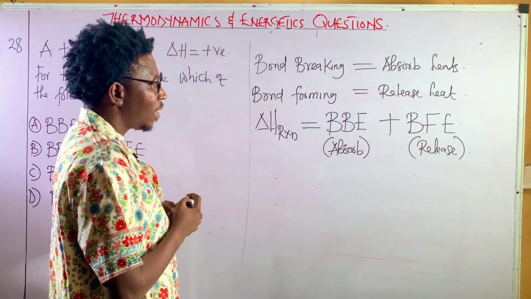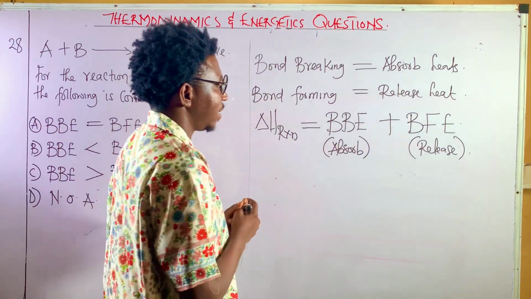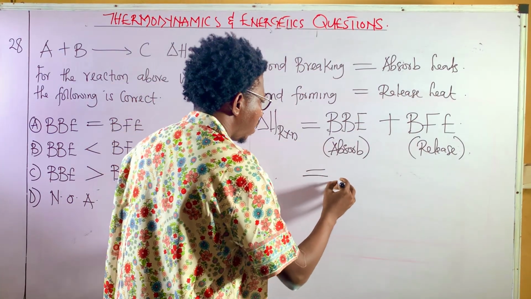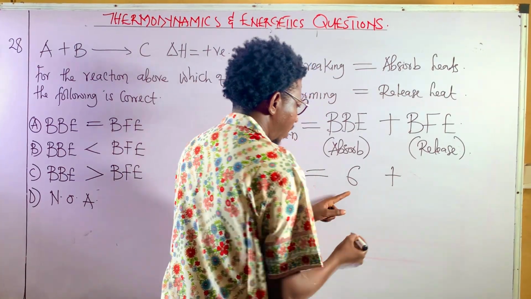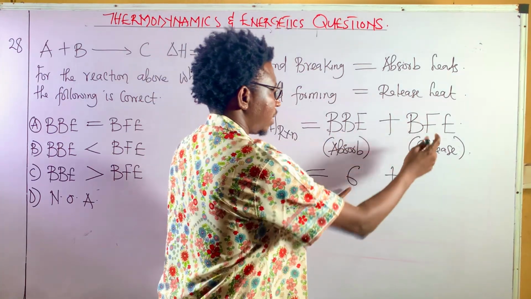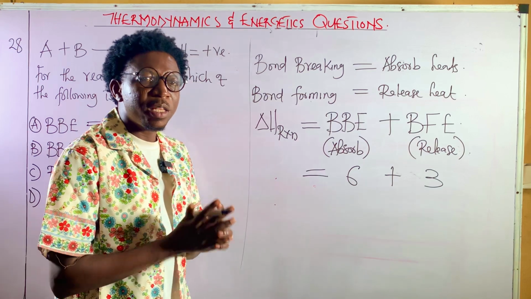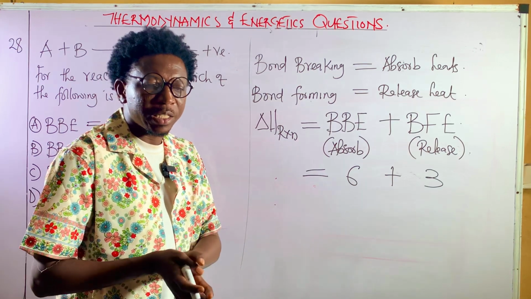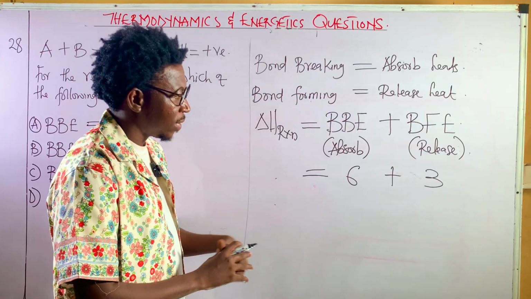So let's assume that the bond breaking energy is higher than the bond formation energy. Put a value 6 here, and a value lower than this, 3, because I'm trying to show this greater than this. However, there must be a sign to indicate absorption and release of heat.